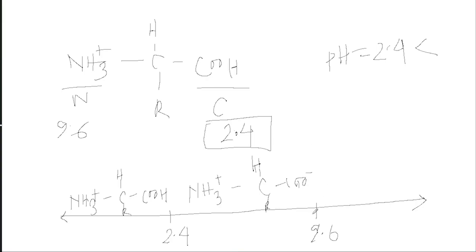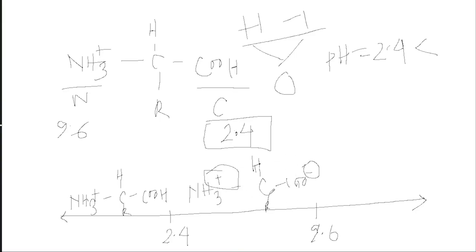So it becomes a minus. So then a plus charge, +1, and a minus charge, -1, will form a zwitterion because it's 0 together. So this form with an amino group with a plus charge and a carboxylic group with a minus charge, it's no longer a carboxylic group now, it's a carboxylate. It will be a zwitterion.